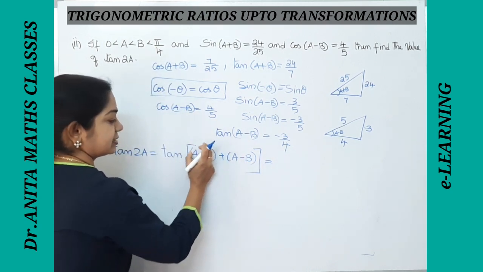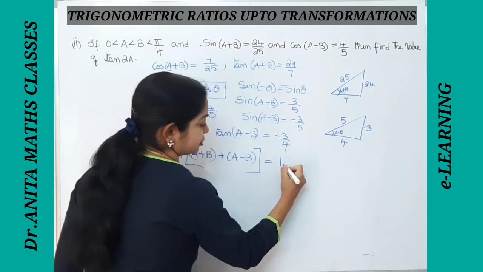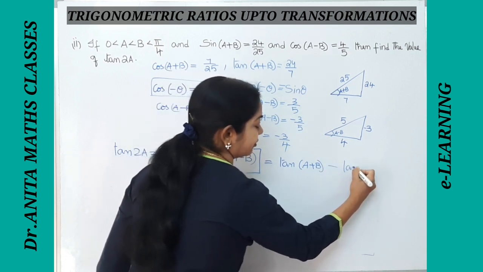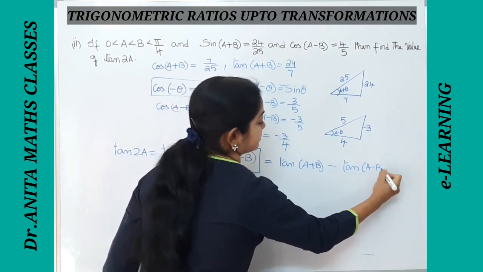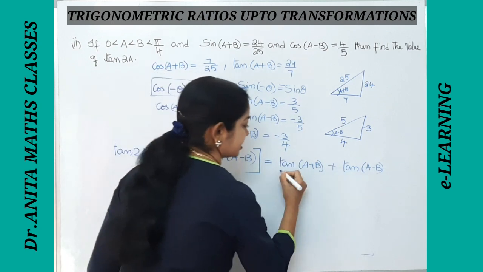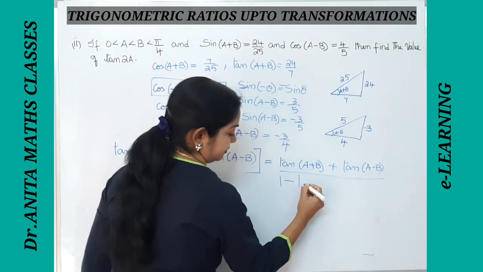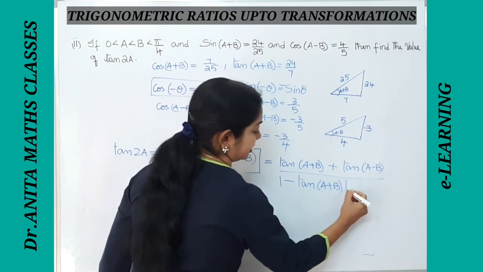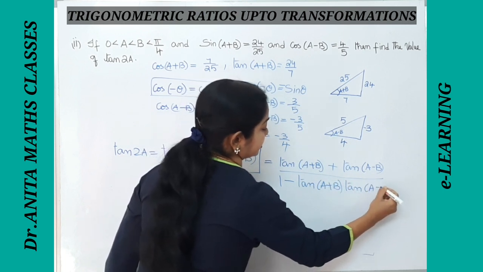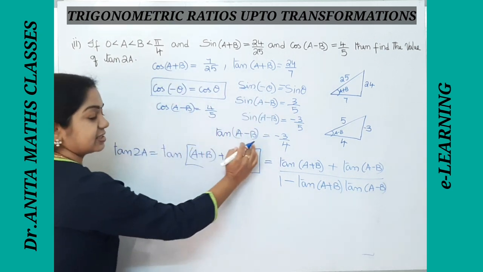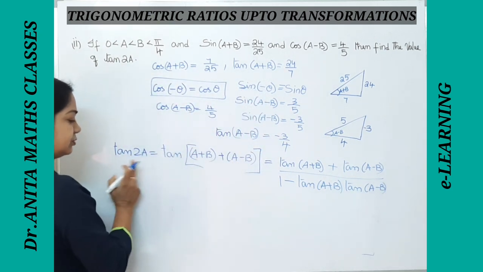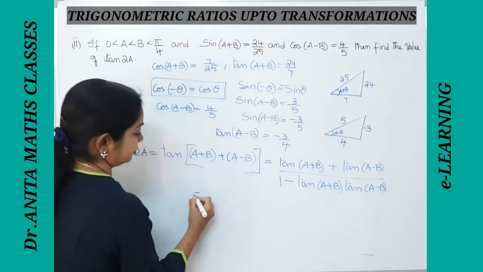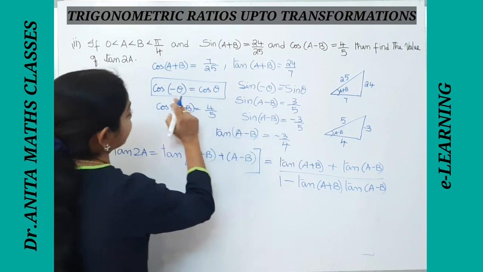So tan of A plus B plus A minus B comes to tan of A plus B plus tan of A minus B, divided by 1 minus tan A plus B times tan A minus B. So the formula of tan A plus B I have written. If you expand this, you get tan 2A only. Now tan A plus B, we know the value. We got it here.